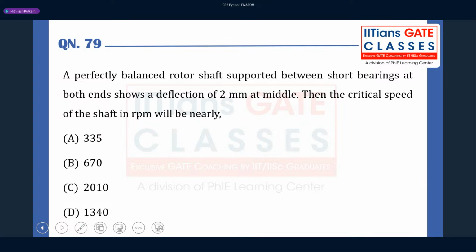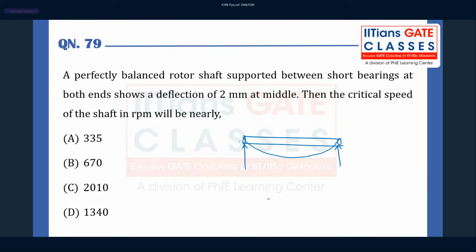This is from the critical speed topic. So this is again from the vibration. A perfectly balanced rotor shaft is supported between the two bearings at both the ends. So we have the shaft. It is supported in between the two bearings, and deflection at the center is given as, let's say, 2 mm.